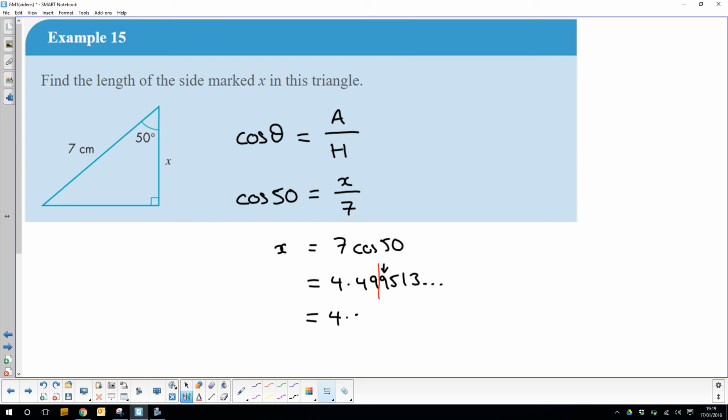So I end up with 4.50, but that is to 3 significant figures. Then I do my quick check. Hypotenuse is 7, angle is 50, yep, 4.5 centimetres looks pretty good.